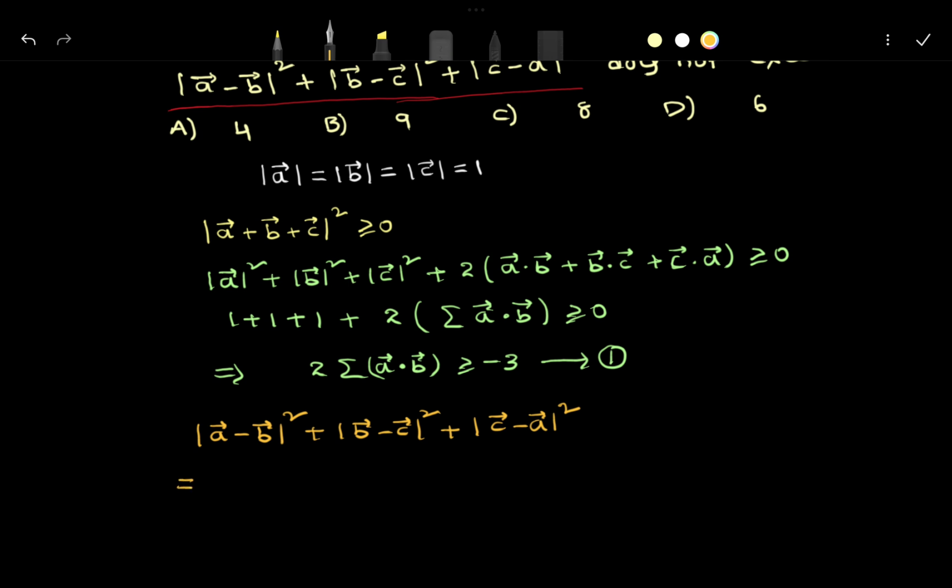By expansion you get modulus of a bar whole square plus modulus of b bar whole square minus 2 into a bar dot b bar, plus modulus of b bar whole square plus modulus of c bar whole square minus 2 into b bar dot c bar.